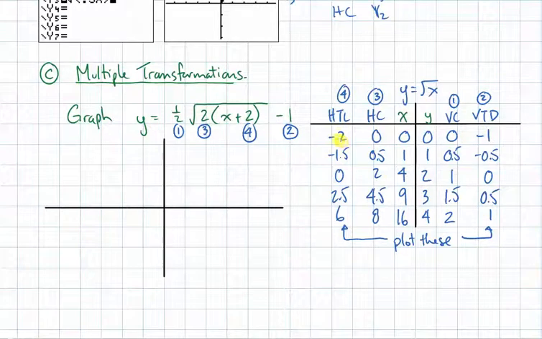So the point negative 2, negative 1, right here, negative 1.5, negative 0.5, about there, 0 with 0, 2.5 with 0.5, and 6 with 1. 1, 2, 3, 4, 5, 6 with 1. That is my transformed function.